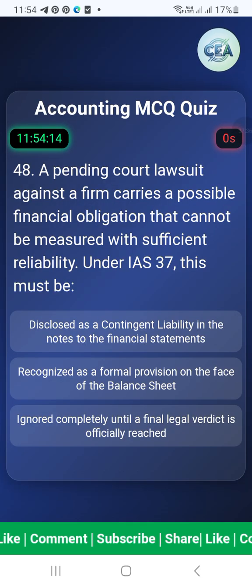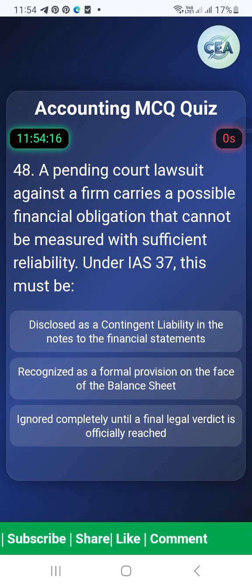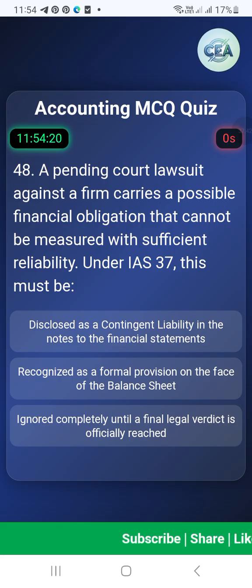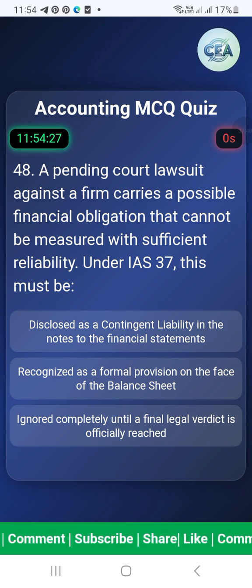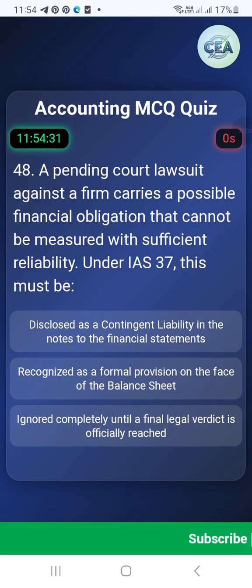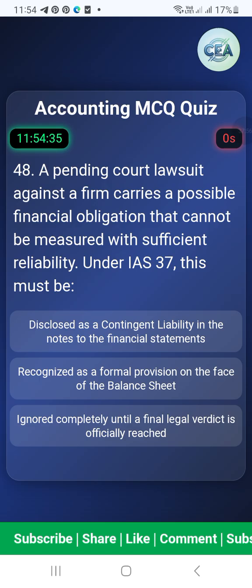48. A pending court lawsuit against a firm carries a possible financial obligation that cannot be measured with sufficient reliability. Under IAS 37, this must be: Option 1. Disclosed as a contingent liability in the notes to the financial statements. Option 2.